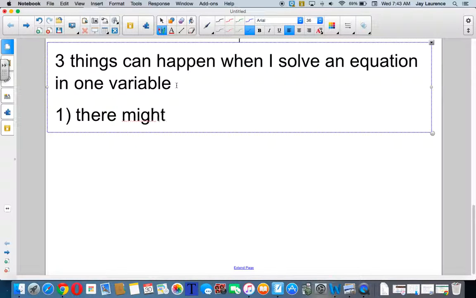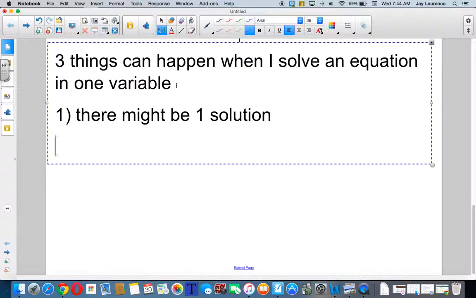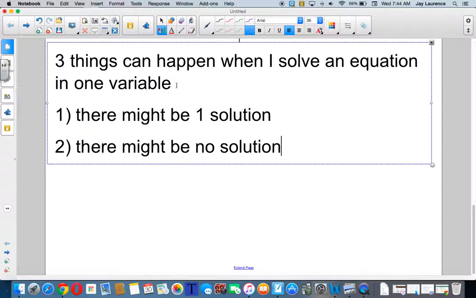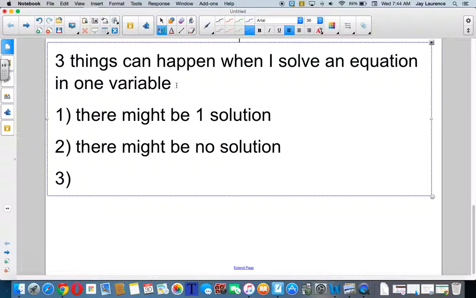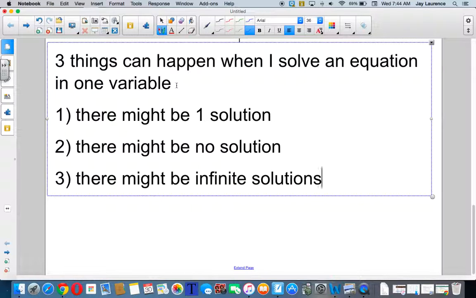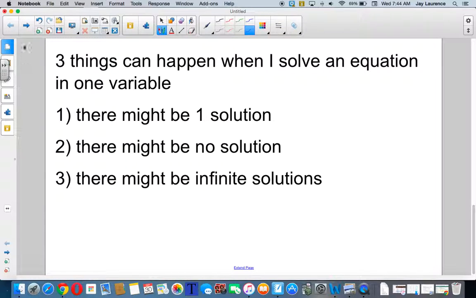There might be one solution, like x equals 12 or x equals 7/5. The second thing that can happen, there might be no solution, like the previous example I just did. And the third thing that could happen is there might be infinite solutions, meaning that all those numbers on the number line actually work.